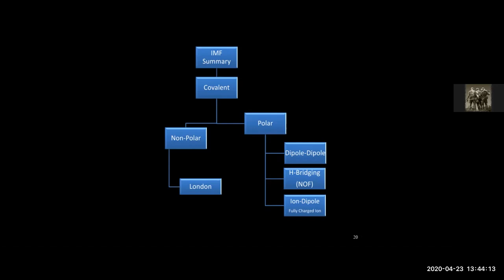If it's involved with nitrogen, oxygen, and fluorine, hydrogen bonding. If it's not, then it's dipole-dipole. And of course, if it's ionic and you have water involved, then it's the last choice, ion-dipole.